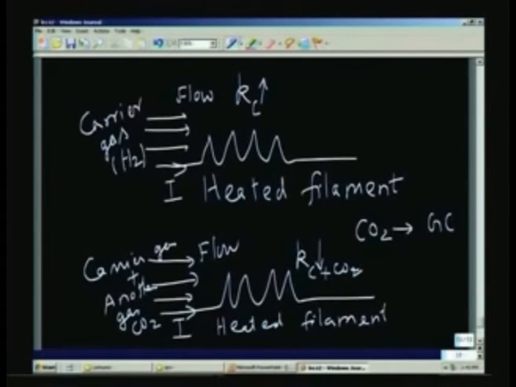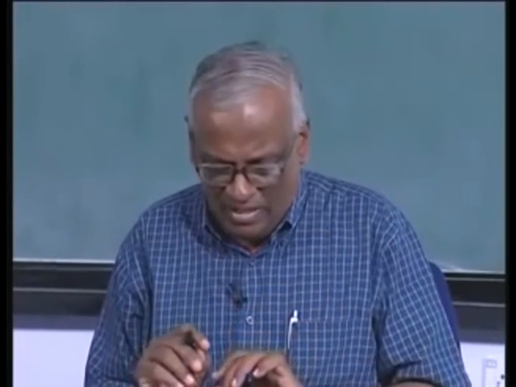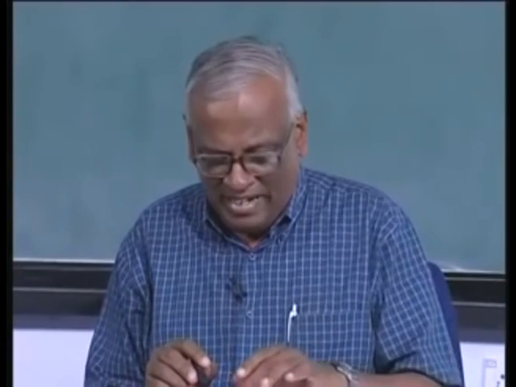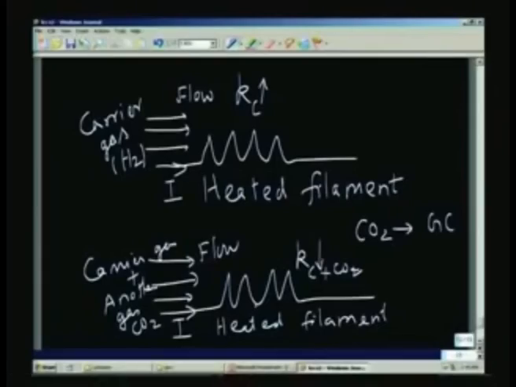Therefore, there is a small change in the heat transfer. Therefore, if I am having the same current and so on, this filament will tend to heat up. So, the temperature of this, let us say Tf2, this is Tf1. So, Tf2 will be greater than Tf1.